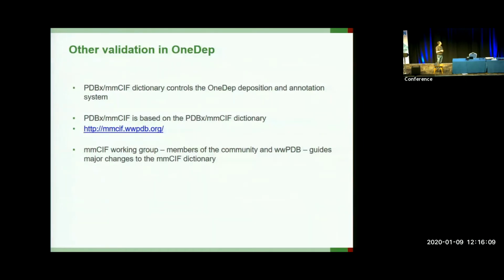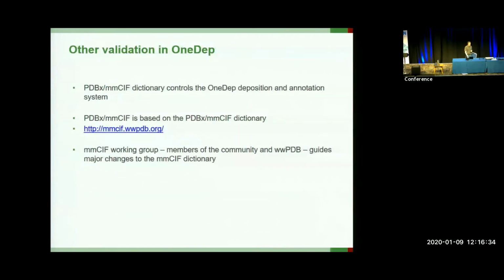The dictionary itself is not maintained by us alone; its development is helped by the mmCIF working group, which guides us, and any big changes always go through them. So this involves people of the community. It isn't just us. Quite a few members are in this room here.